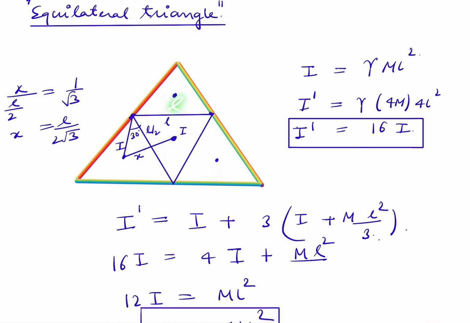Original length is l, so final length would become 2l. So if I say I dash is the moment of inertia of the final distribution, it would be of the same form. Gamma, mass would become 4m, length would become 2l, so whole square, so it would become 16I. So I dash would become 16I.